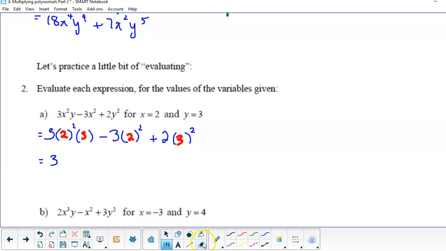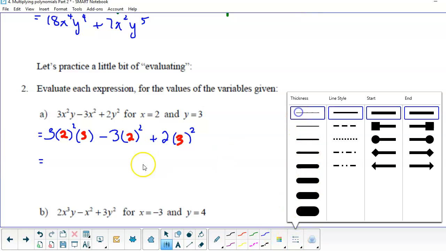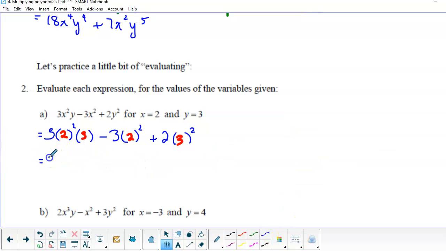Actually, I'm going to step back a sec, because order of operations, if you do this step by step, we should do the exponents first. So that's going to be 4. Copy everything else out. Then minus 3, 2 squared is 4. And 3 squared is 9.